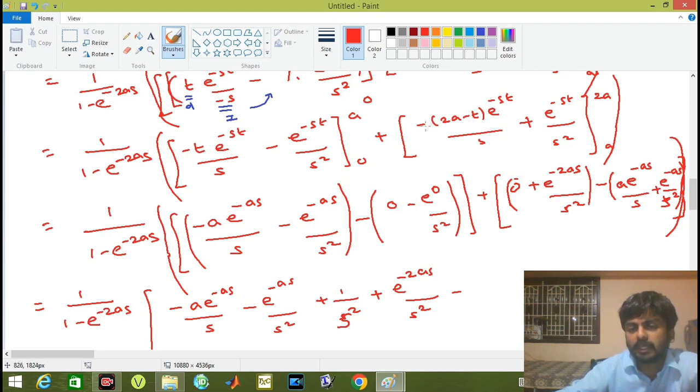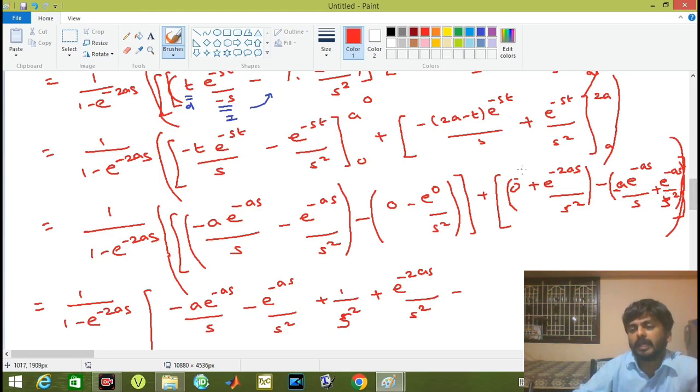This is for the lower limit, but here you have a minus, so you will have minus a. Okay, minus a e power minus as by s plus e power minus as by s square.